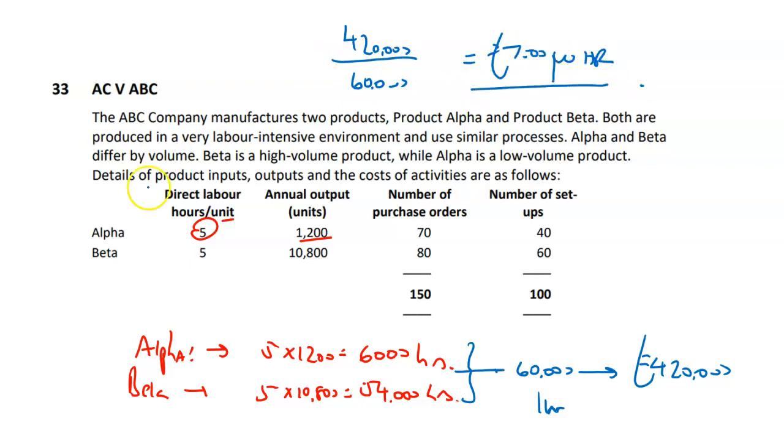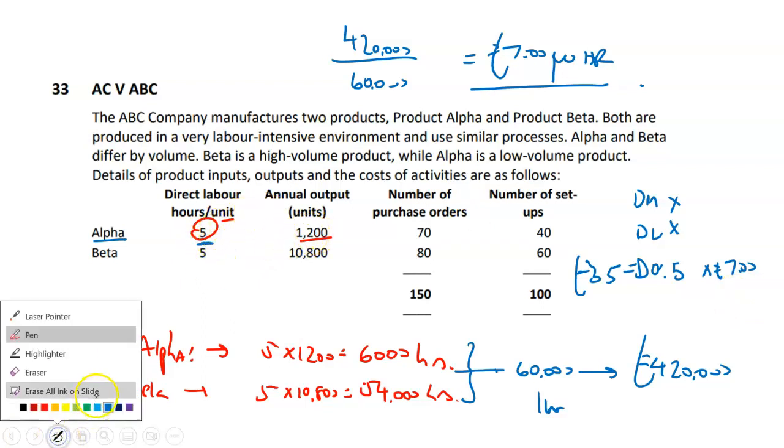So now if I'm making a product of Alpha and I know that it takes 5 hours, then there's direct materials, direct labor, and for the overhead, it's £7 an hour. So if you're using 5 hours, I know I'm going to apportion £35 to every unit. You can really do what you want. The same would apply to Beta for 1 unit, of course. So I know it's £7. I worked that out now.